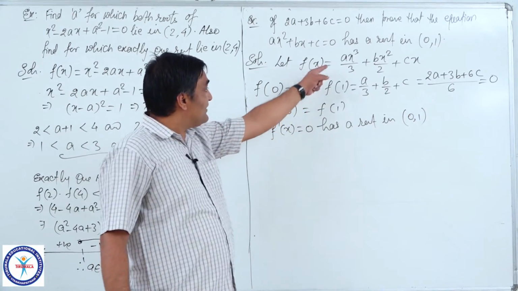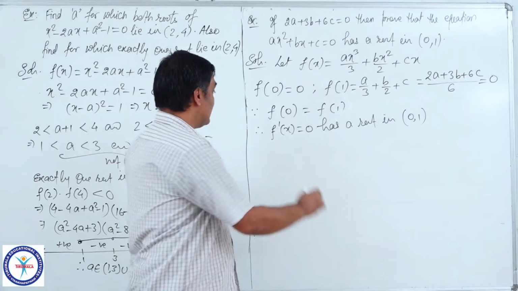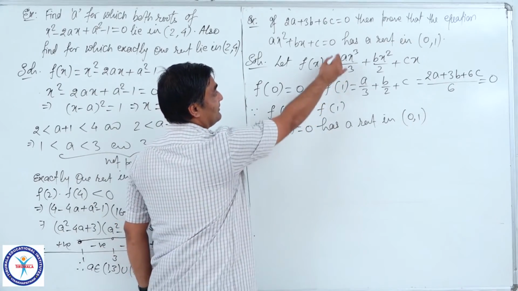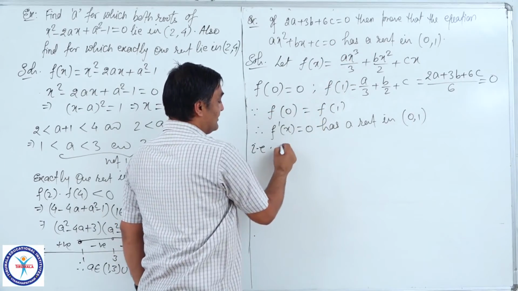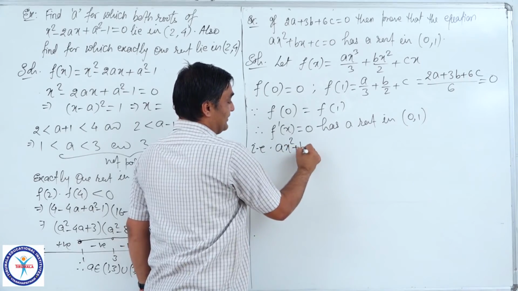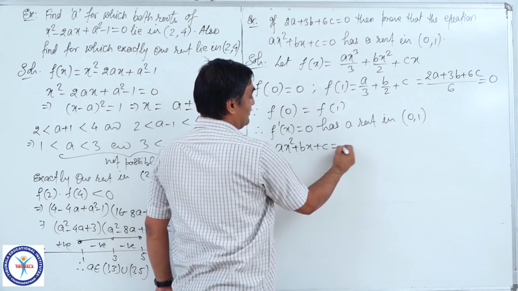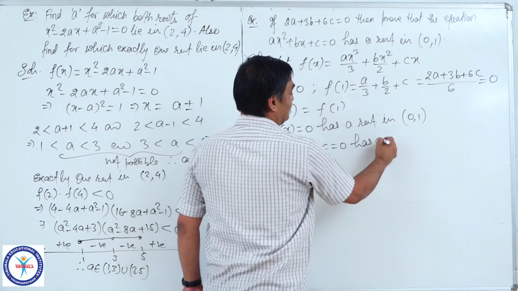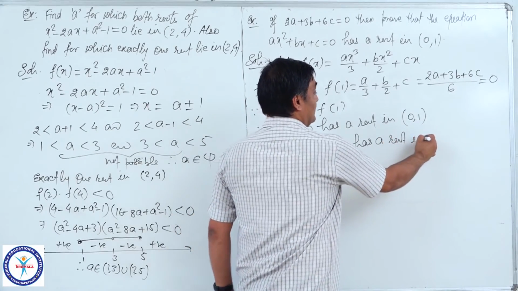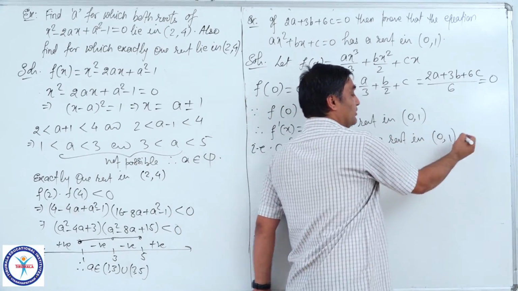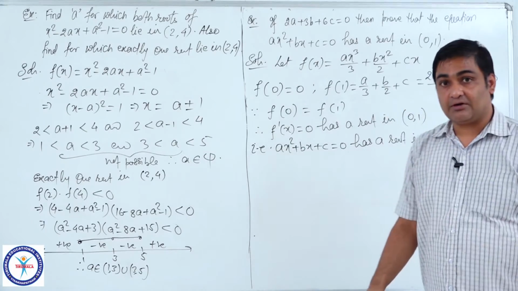And what is f dash x? Differentiate this: ax square plus bx plus c equal to 0 has a root in (0, 1).